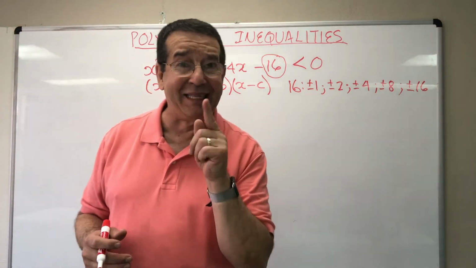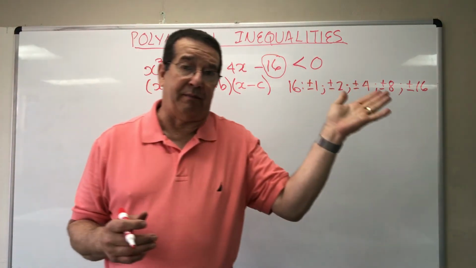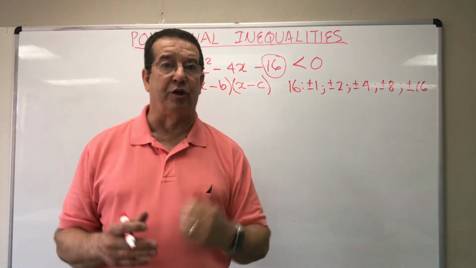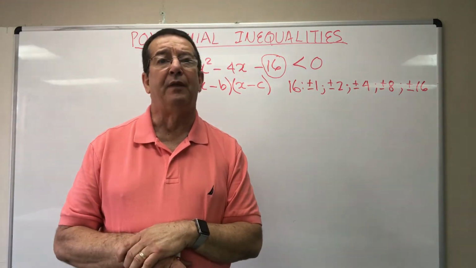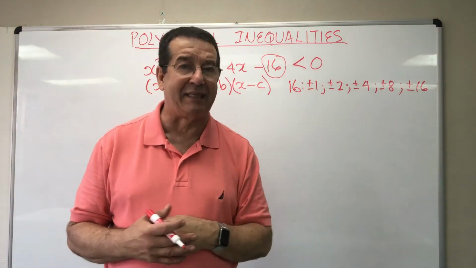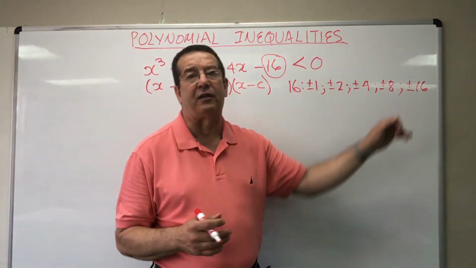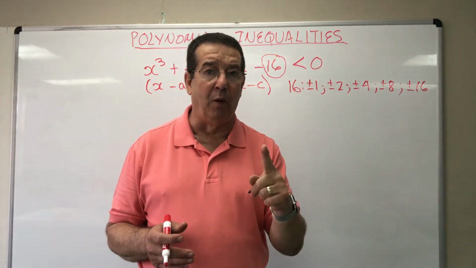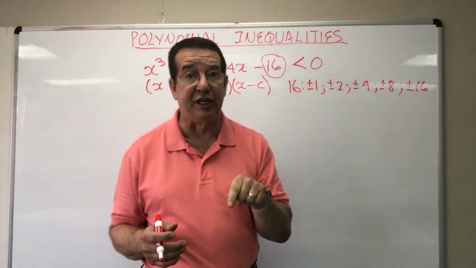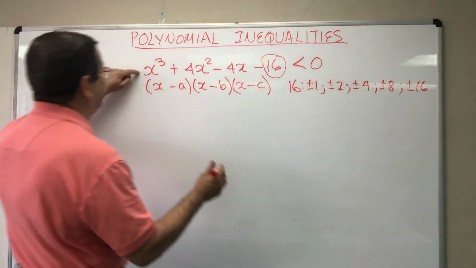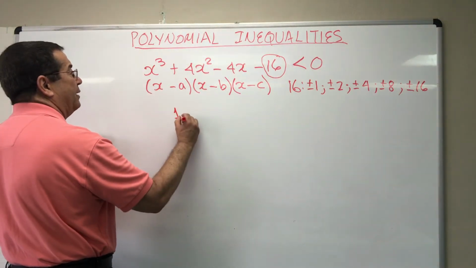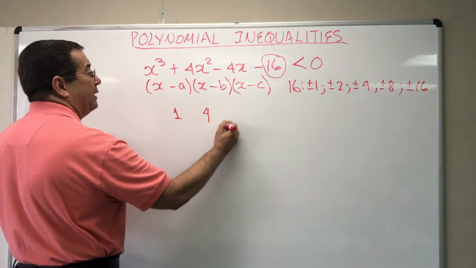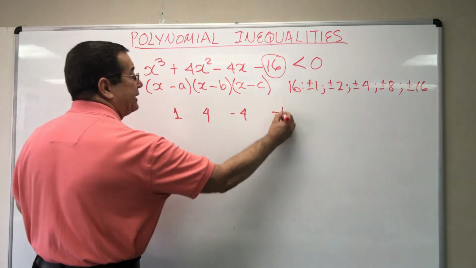And using synthetic division, I don't know how many weeks you have studied this, but today I'm going to do a review. Using synthetic division and these factors, you can do the factorization of the polynomial. Number one, I'm going to write the coefficients of the polynomial: 1, 4, negative 4, and negative 16.